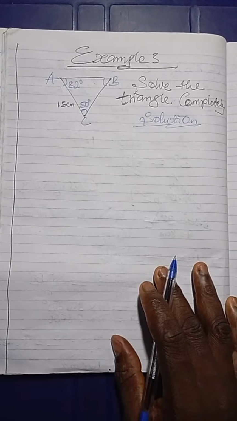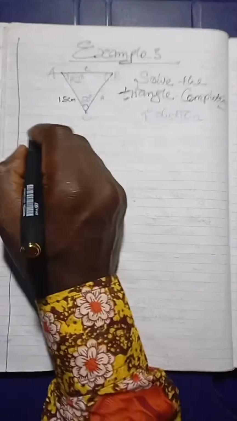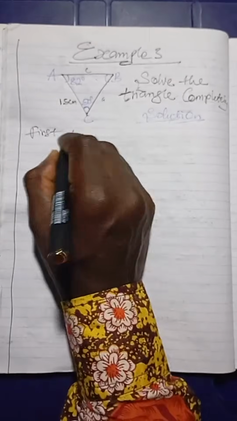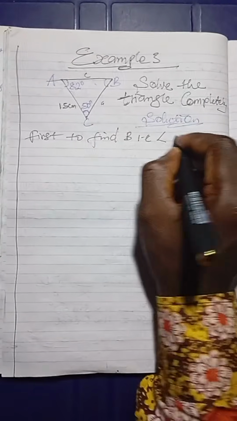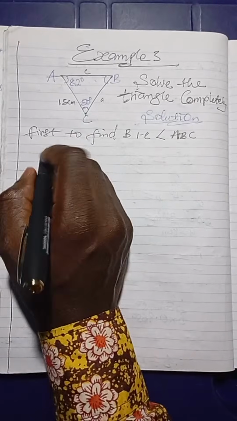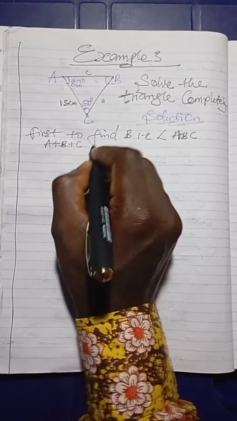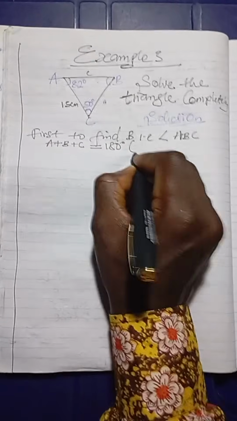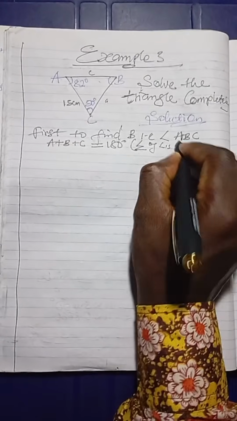Solution. Here will be small letter a, here will be small letter c. So first, to find B, which is our angle ABC, I'm going to have A plus B plus C is 180 degrees, the sum of angles in a triangle.